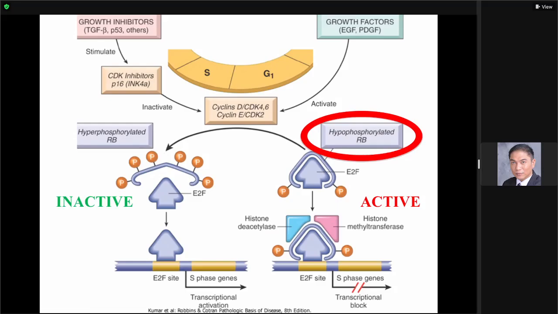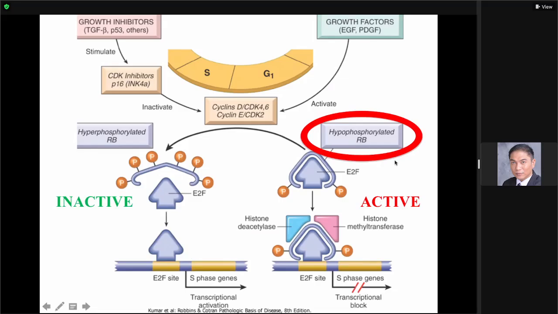So sino nagpo-phosphorylate sa kanila? Cyclin-dependent kinases upon binding with cyclin. So cyclin-dependent kinase 2 upon binding with cyclin E, cyclin-dependent kinases 4 and 6 upon binding with cyclin D. So kung titingnan nyo dito sa illustration na to, if they are hyperphosphorylated, no brake, cell cycle progression, cell proliferation.